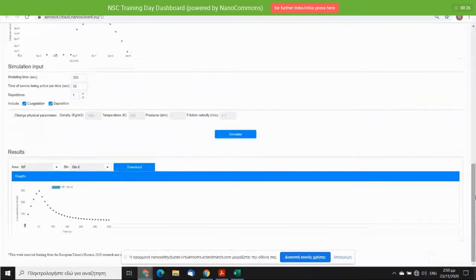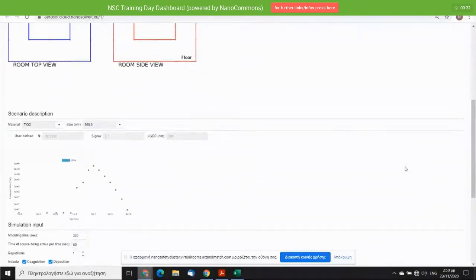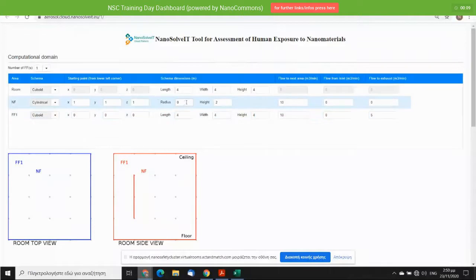Now, to show other functionalities, I will go back again. Instead of using cuboid for NF, I'm going to use cylindrical. So the radius, now it says here, and you can see the radius. Of course, the radius is 0, that's why it shows nothing here and only a line.